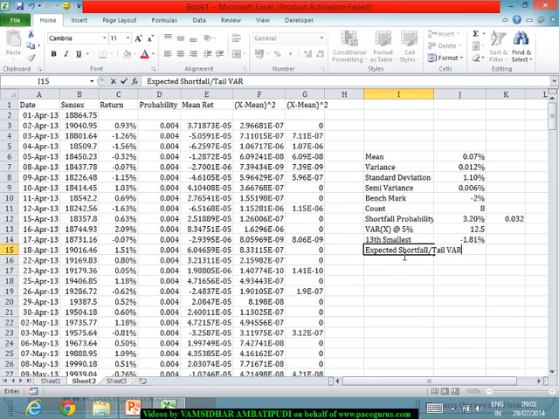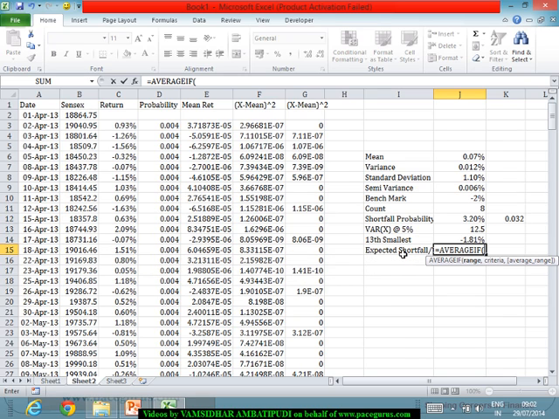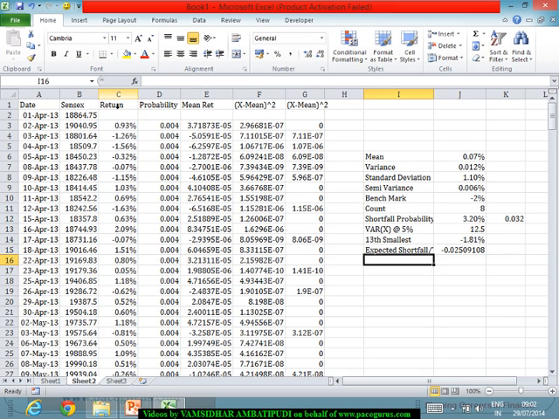So I know that this is the VAR, and for anything beyond the VAR, what is that expected value? So basically I am looking at the average computation only of those values which are less than this minus 1.81%. I am trying to find out their average itself. So this has come out to around minus 2.5%.